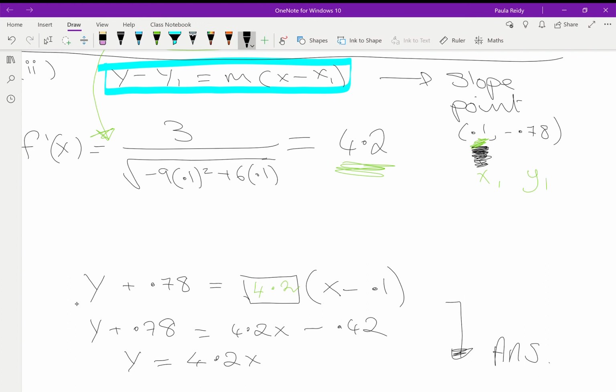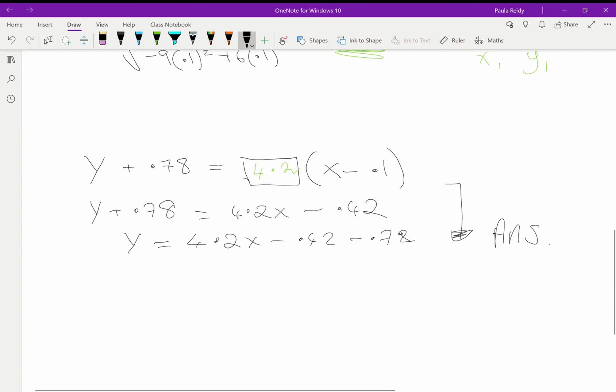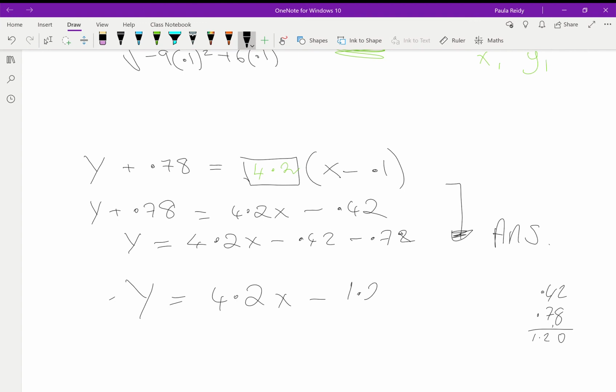Bring over your minus 0.78, and you could add those two together, and you'd have y is equal to 4.2x minus, just adding those, 0.42 and 0.78 gives me, okay, minus 1.2. Okay, and that's your final answer there.